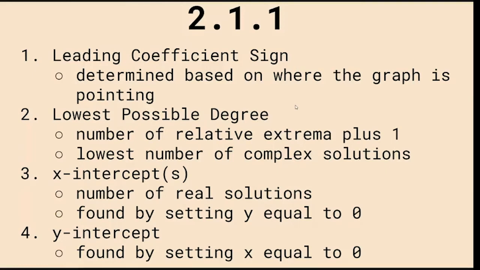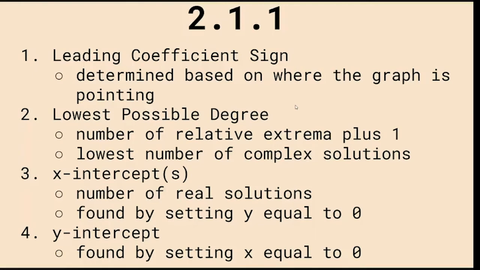So you take the number of relative extrema and add 1 to it. The lowest number of complex solutions: if it's x squared, there should be 2 solutions. If it's x to the 3rd, there's 3 solutions. We just went over that a second ago. Then x-intercepts and y-intercepts, you should know how to do those already. You're just looking at a graph and seeing where the x-intercepts and y-intercepts are.